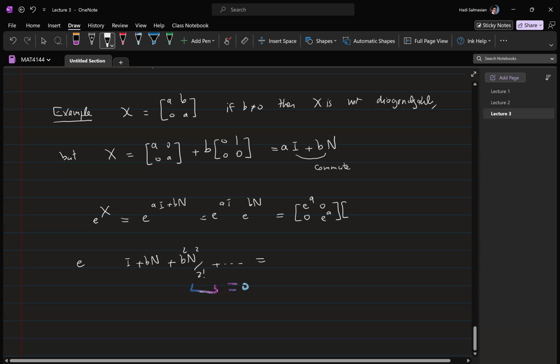So e to the bN is this matrix 1, b, 0, 1. And now you just have to multiply. So you multiply, you get e to the a, e to the a b, and e to the a. So that's how you do this calculation.